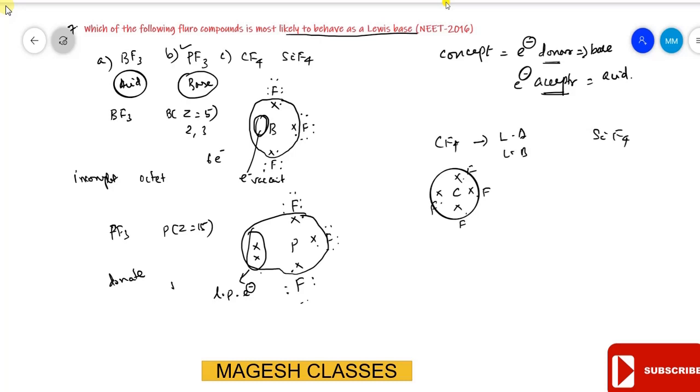About silicon tetrafluoride, it is the same group element. The outer shell consists of 4 electrons and fluorine shares 1 electron, giving an octet of 8 electrons. Here there is no vacancy or lone pair present, so silicon tetrafluoride also does not behave as a Lewis acid or a Lewis base. Your answer is phosphorus trifluoride.